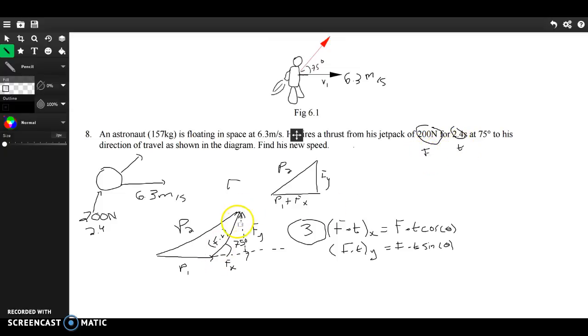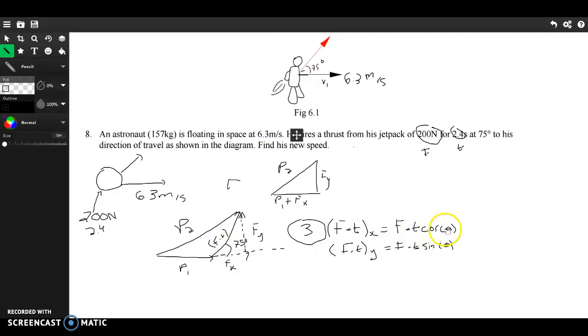And since this vector represents his jetpack firing off, the hypotenuse can be written as force times time because that is the jetpack. The jetpack firing is 200 newtons for 2.4 seconds. And so we have F times T of x, right? And to get that we say that equals F times T cosine theta.